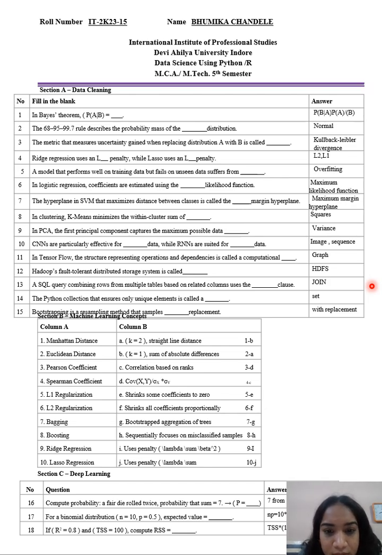Fourteenth question: the Python collection that ensures only unique elements is called a set. And fifteenth question: bootstrapping is a resampling method that samples dash replacement. So the answer is with replacement.